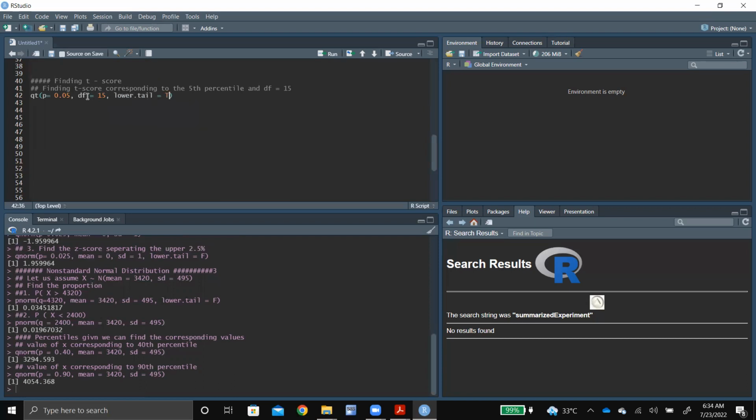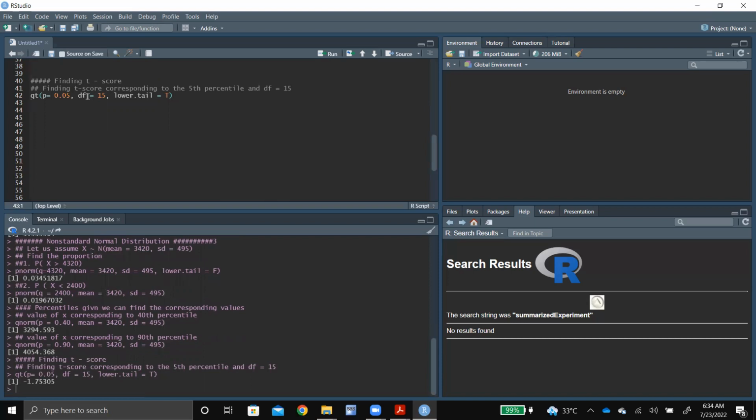Sorry, this is equal to true because we are looking for the 5th percentile. So if you are looking for a percentile, we should just write the 5th percentile, that is 0.05, and the degrees of freedom.